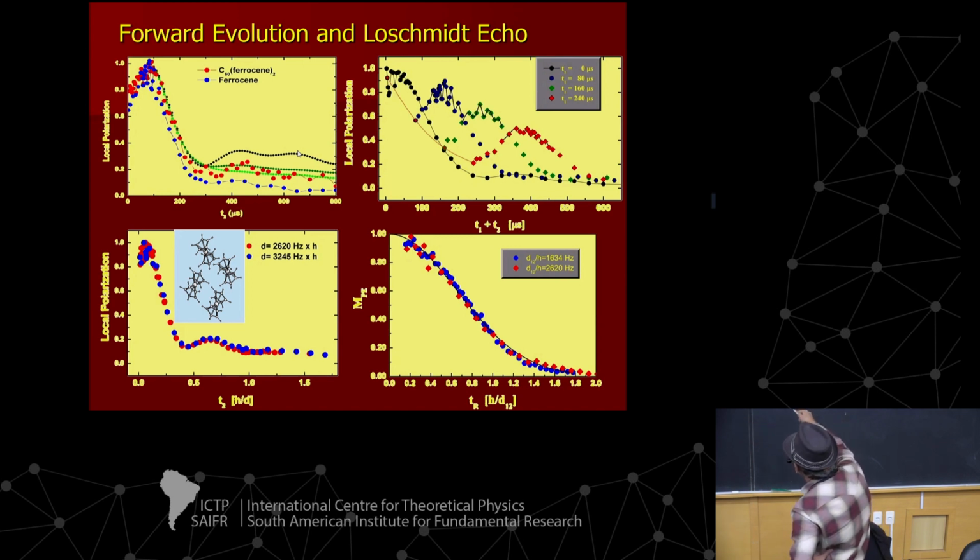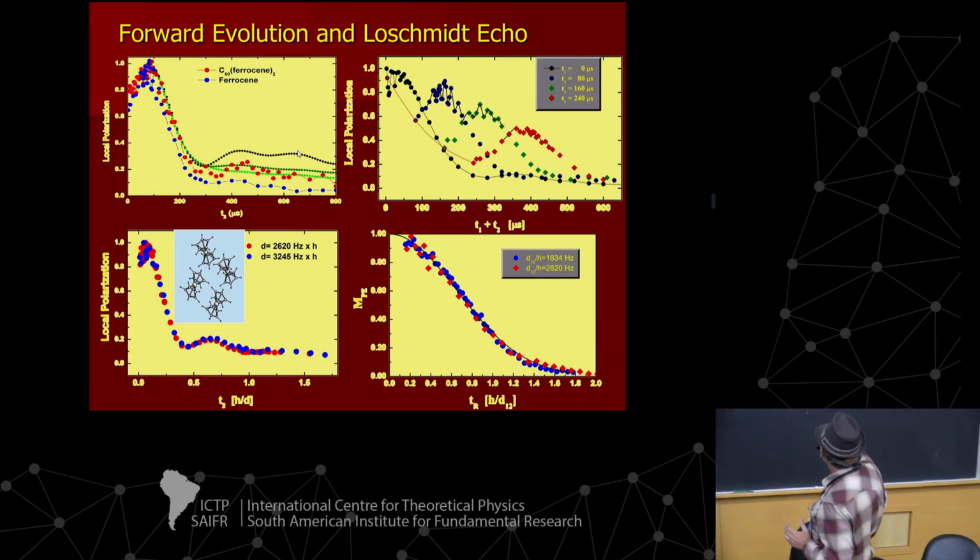This is the forward in time dynamics. And when we do the backward in time dynamics, this is the Loschmidt echo, the local Loschmidt echo in the many-body system, we always see the same decay. Again, the decay depends only on the dynamical parameters of your Hamiltonian, not on anything else, not on the errors that you have.